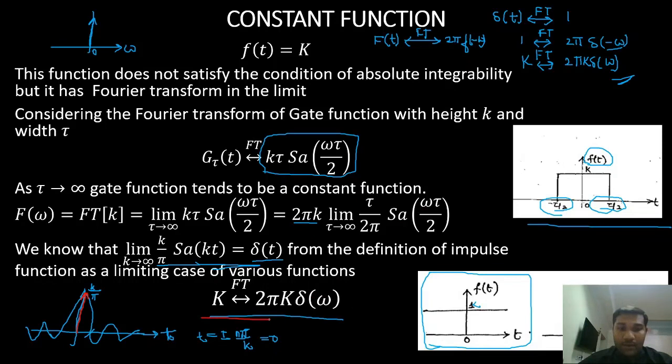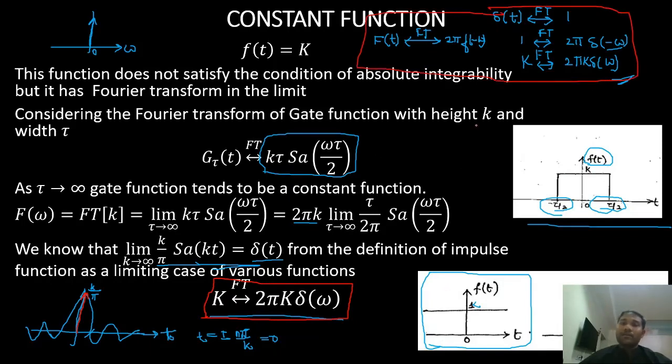That is how I can arrive at this Fourier transform, considering our constant function as a limiting case of rectangular function, right? This is slightly complicated. This is the simpler method of finding impulse Fourier transform of a constant function.